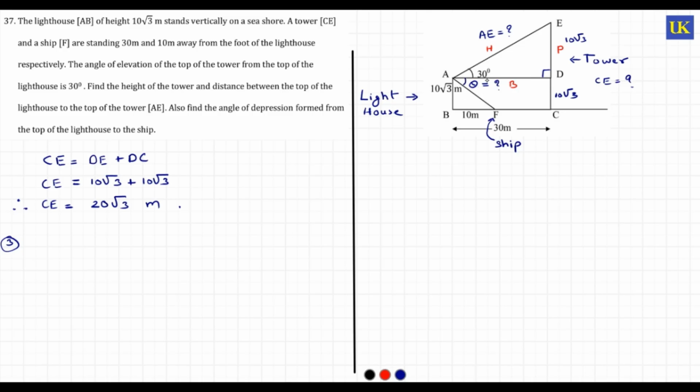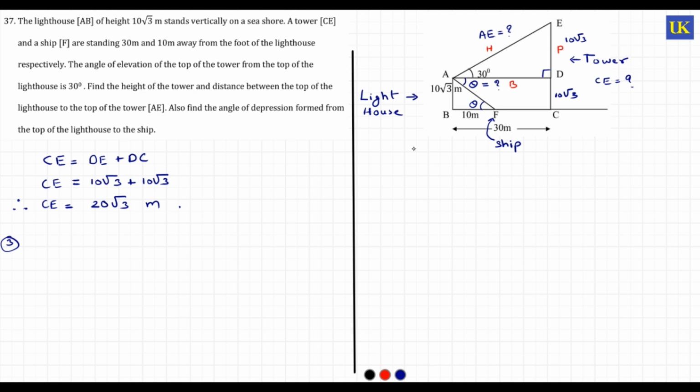Now this line and this line are parallel and this line is acting like a transversal. So we have studied this in our earlier standards that this angle and this angle will be equal. So if this is theta, then this is also theta, right? And these angles are called alternate interior angles.